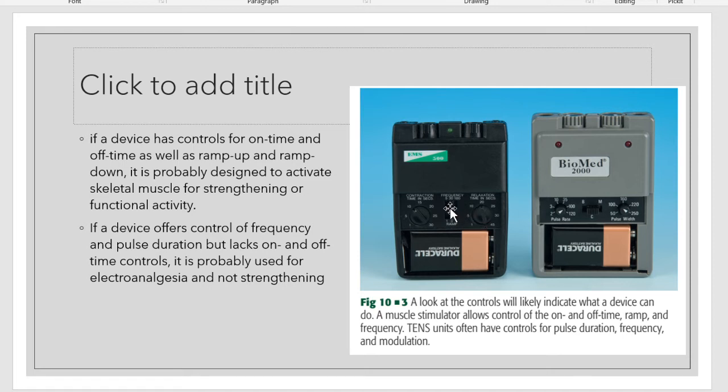You have the frequency, you have the ramp. It means this is used for stimulating the muscle. You have here the pulse width and the pulse rate, or frequency. There's no other control, so it means it is a TENS. It might also be an IFC. These are only samples.